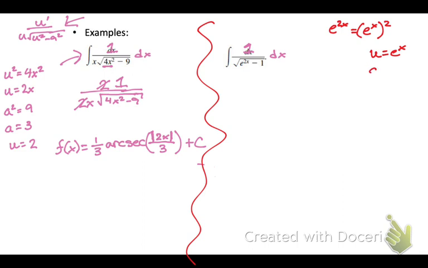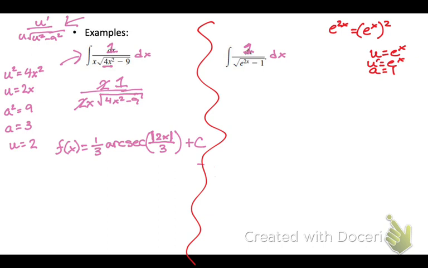And then a would be 1. Square root of 1 is 1. Oh, what's u prime? Sorry, I didn't write it because u prime is e to the x. Do I have that? No, I don't, do I?